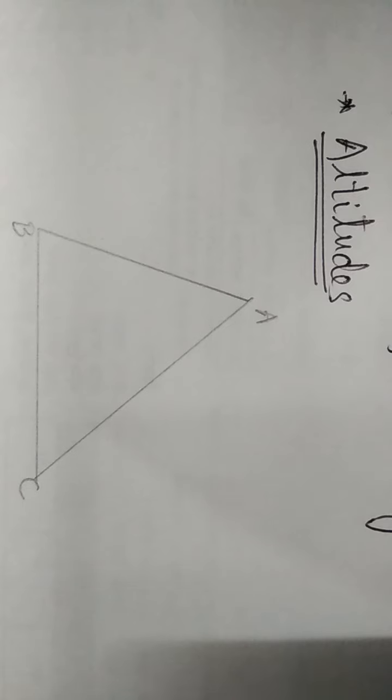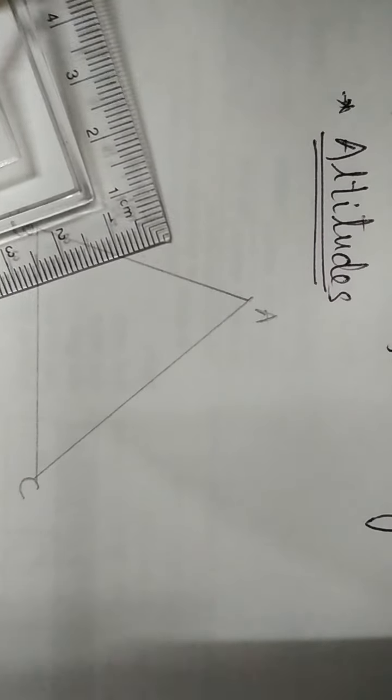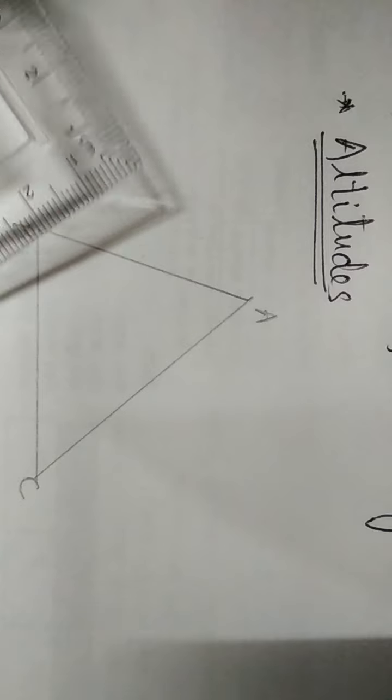Now, how to draw an altitude with the help of a set square? You will take one set square, and we will draw the altitudes to the three sides.